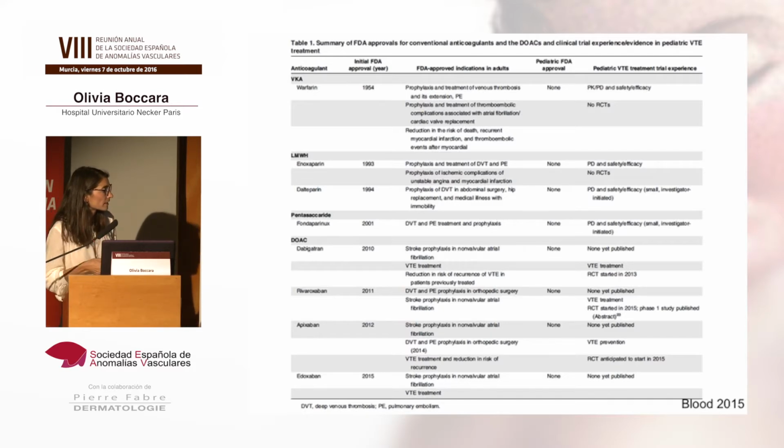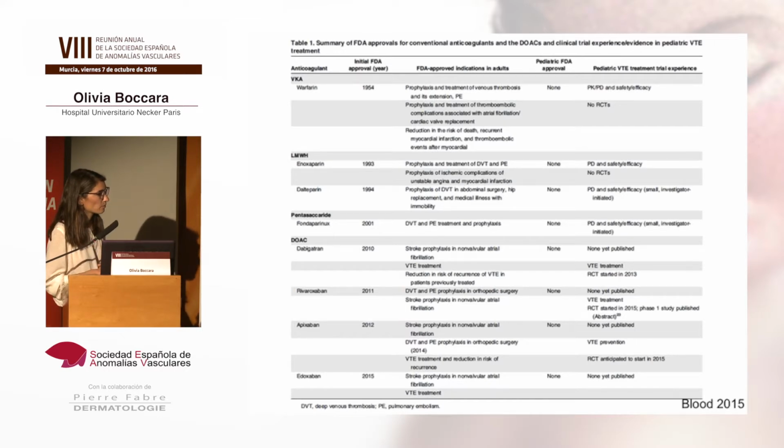Concerning anticoagulants in children, you can see that none, as I said, has any approval in countries, and the data concerning safety are enough for enoxaparin here, but for the new direct anticoagulants, we have very, very few data.